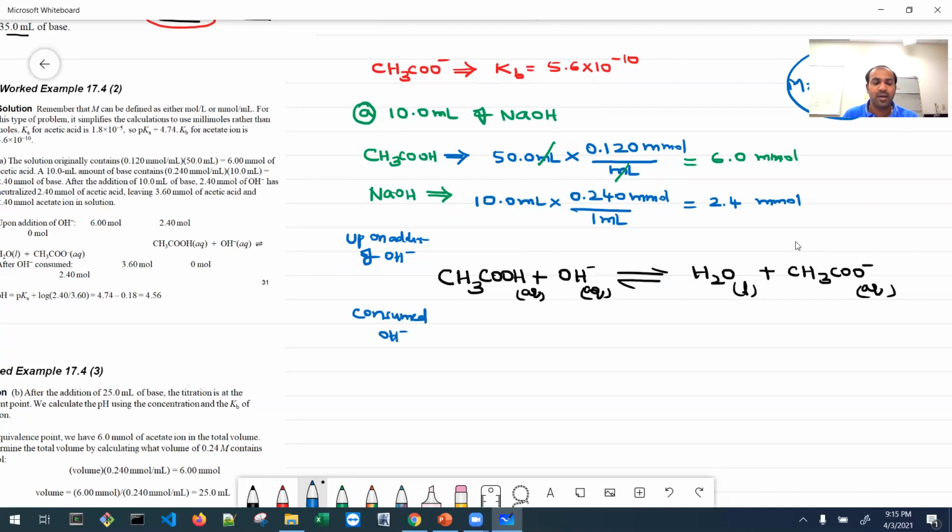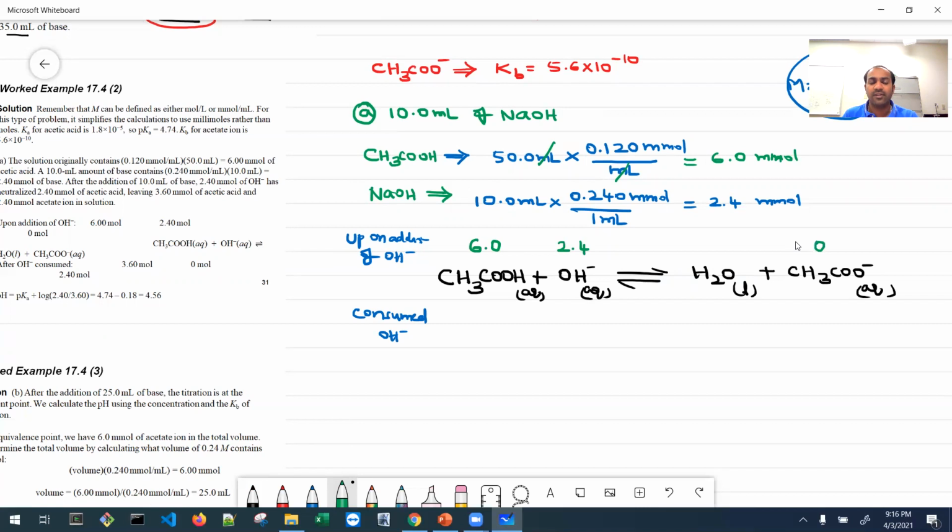So now the concentrations are initially acid concentration, like acid moles, you would say. We have 6.0 millimoles acid we take, and then we are adding 2.4 of base. And upon adding, at that time, the concentration of CH3COO minus is 0.